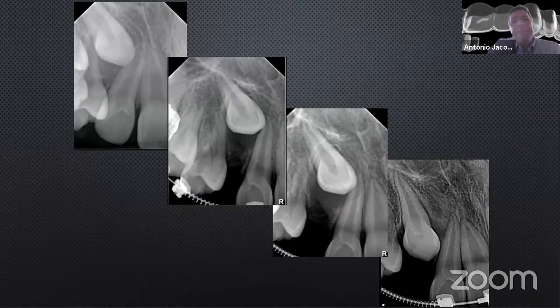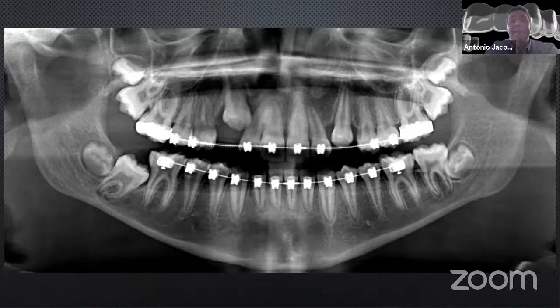And then we are opening the space and moving the root of the lateral very near the root of the central incisor. And in the literature we can see that maybe both teeth can share the same periodontal ligament, but this was no problem because we had no problem there. So the canine is just erupting passively.